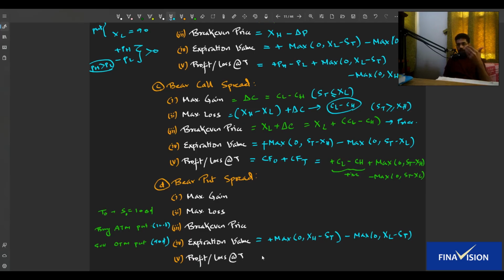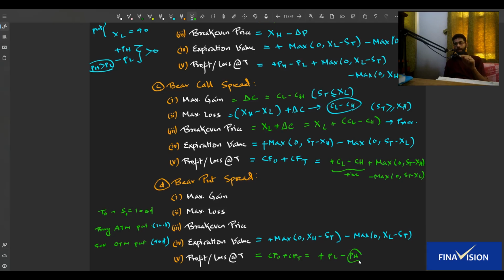We will get into the calculations again, but before, let us write down the profit and loss first. Now the profit and loss is the initial cash flow plus the final cash flow, that is CF0 plus CFT. What are the values? Initial cash flow is cash flow from selling the lower put, plus PL, minus PH, that is cash flow from buying the higher put.